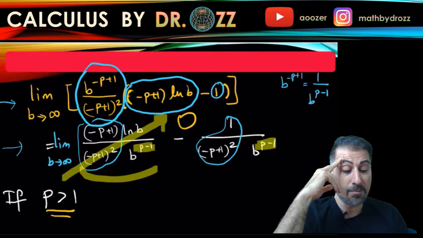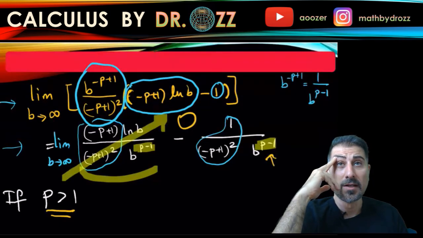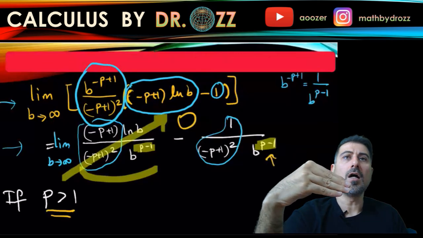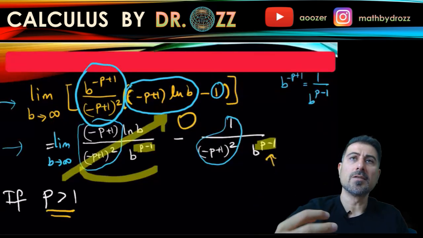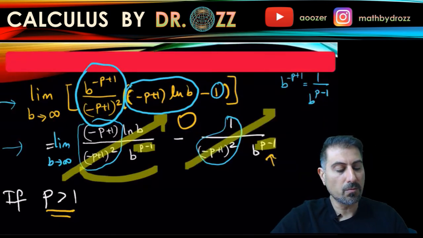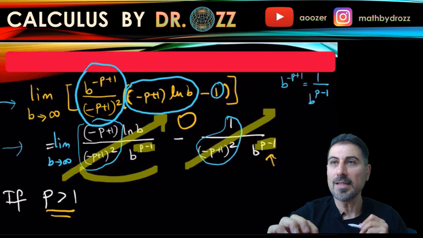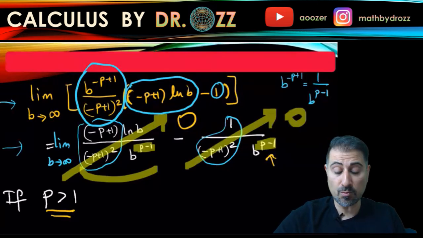And here the same deal is happening. If p is greater than 1, p minus 1 here is positive, so it's like 1 over infinity to a positive power. So that's going to be 1 over infinity, so this will as well go to 0, when p is greater than 1.